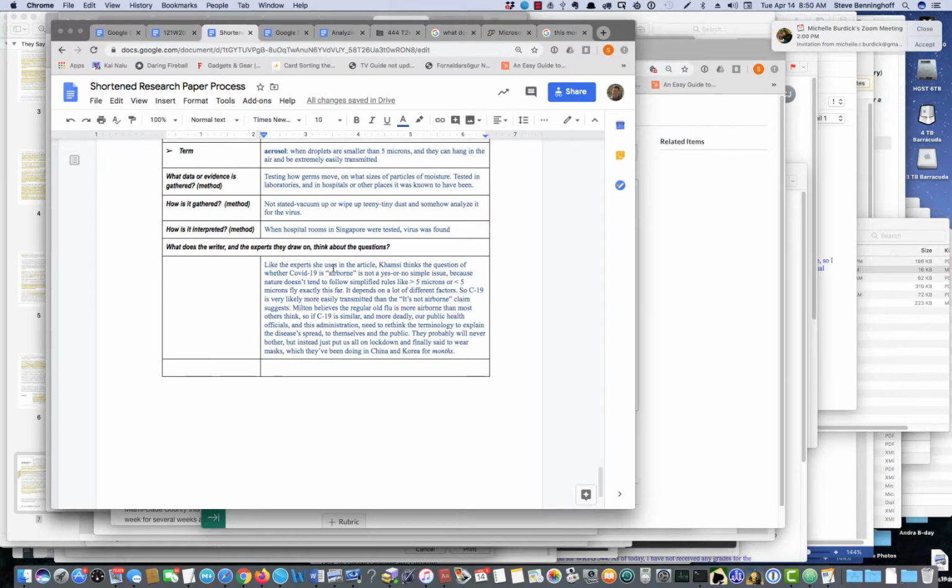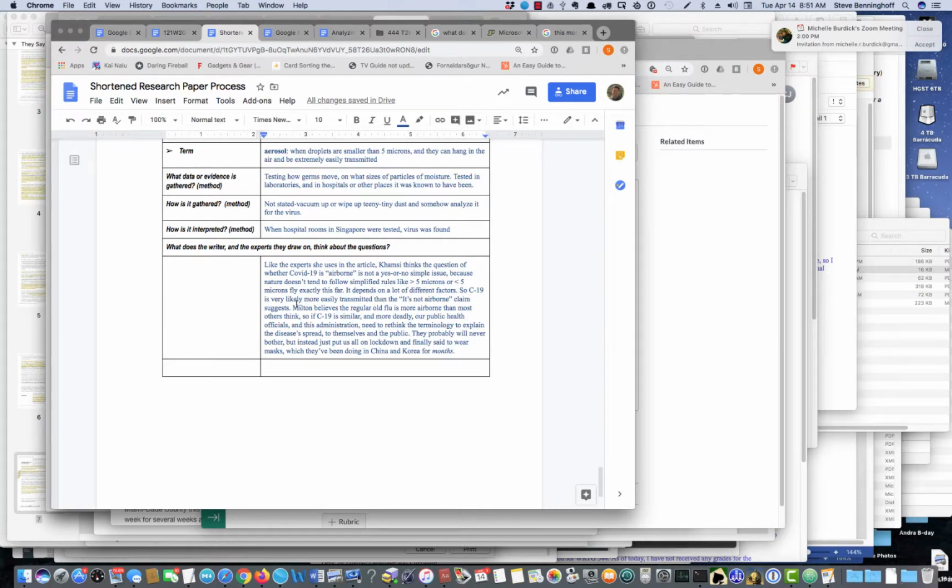Like the experts she uses in the article, Milton thinks the question of whether COVID-19 is airborne is not a simple yes or no issue, because nature doesn't tend to follow simplified rules like greater than 5 microns or less than 5 microns fly exactly this far. It depends on a lot of different factors, as she talked about in the piece, like coughs and sneezes would propel things farther. And so it's not as simple as the CDC seemed to make it at first.